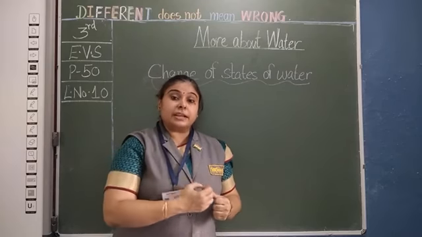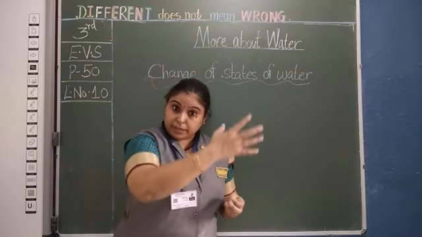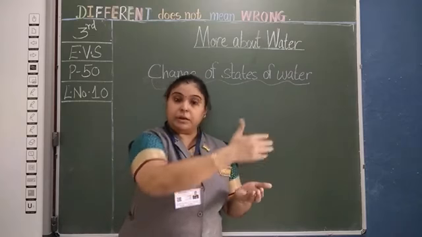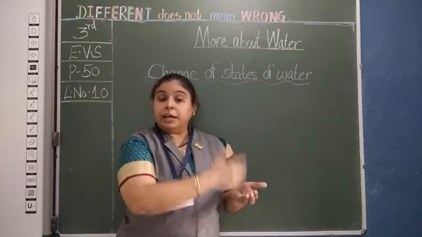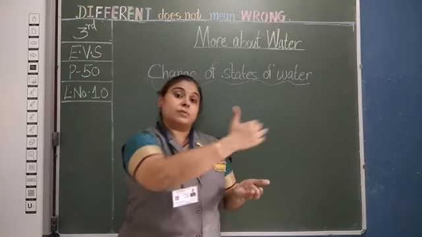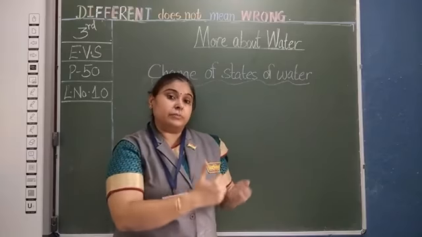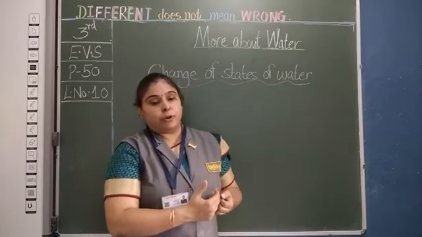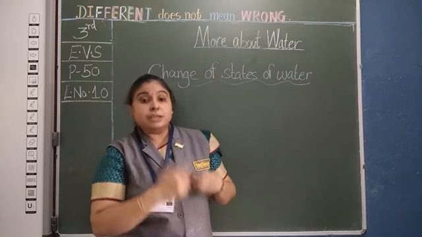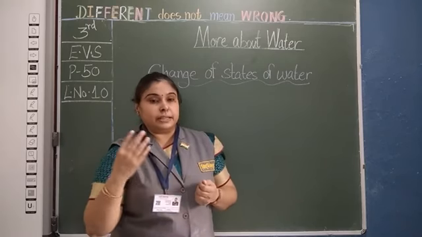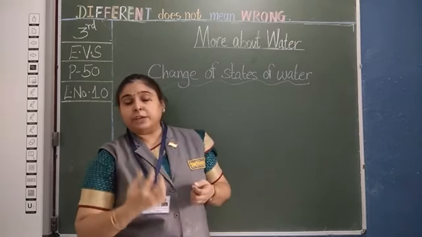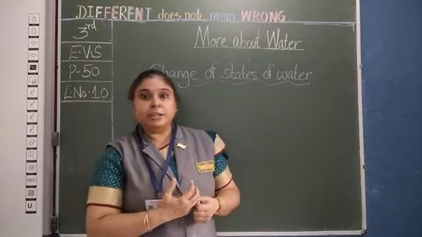Clear? Inside it is a colder temperature, outside it is a hot temperature. The warm air comes in contact, and moisture forms over it. Clear that? So this is how you can see the little bit of wetness over things we have taken out of the fridge.